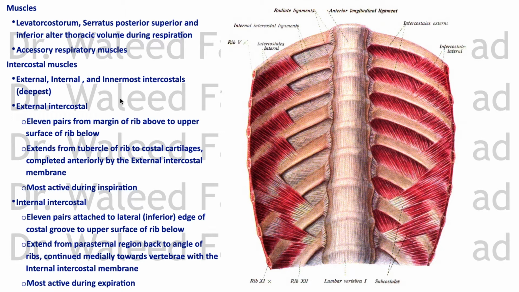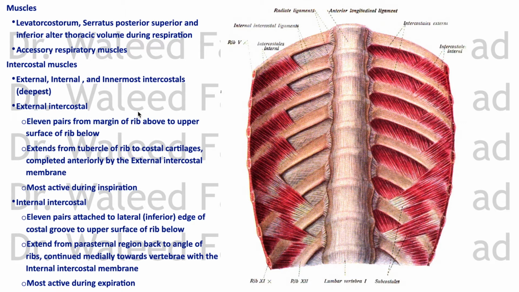Downwards, then forwards. And it extends from the tubercle of the rib anteriorly to the costal cartilages. This means that it's deficient anteriorly, from the costal cartilages till the sternum. You understand me now. So it's like a ribbon of muscle, but it's short of the intercostal space.